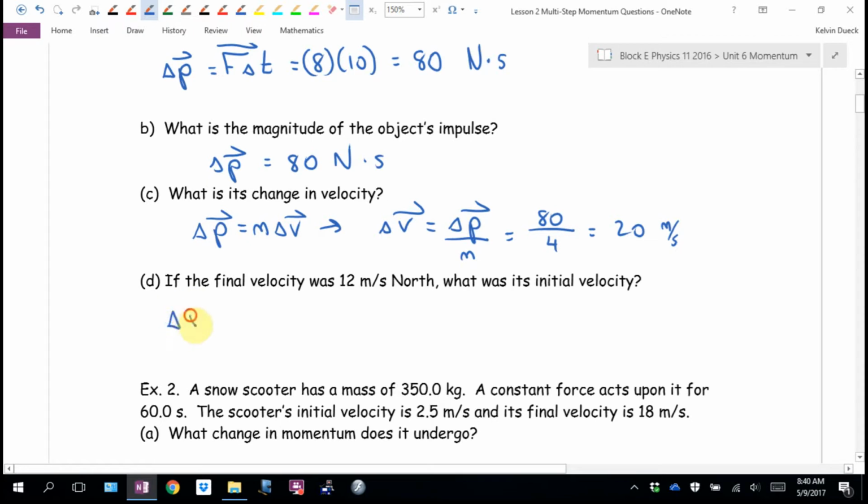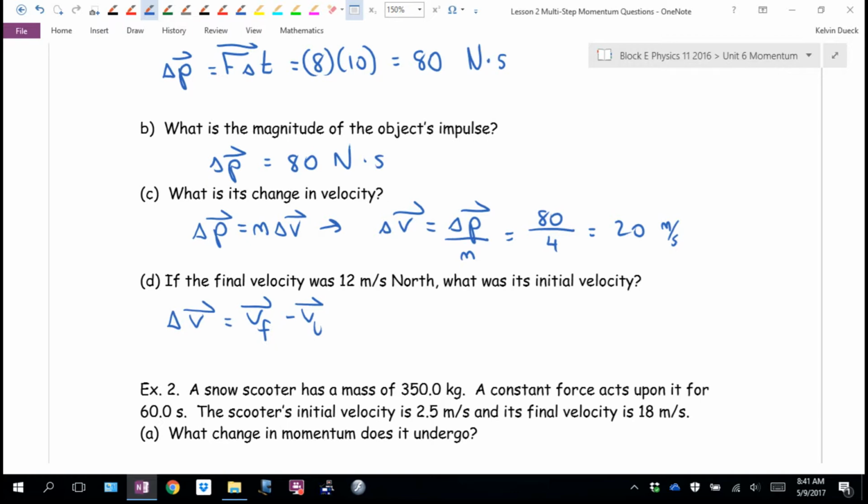The change in velocity that we just found is equal to V final minus V initial. Taylor, you okay with that? What's D asking me to find? Yeah, and now we're finding VI differently from the beginning of the year when we were going VF equals VI plus AT and VF squared equals VI squared, all those ones. Now we're doing this in terms of impulse and momentum.